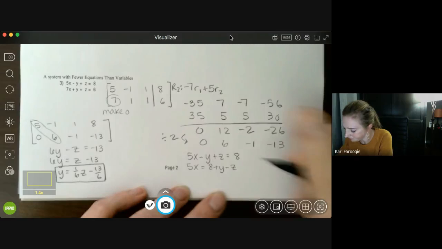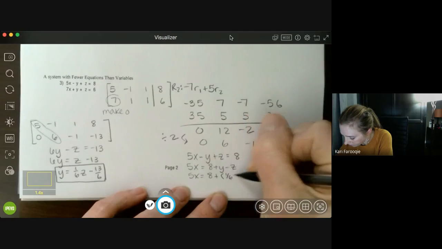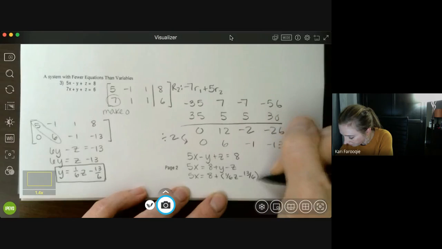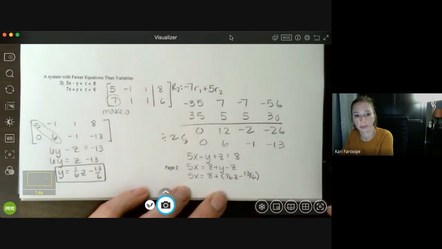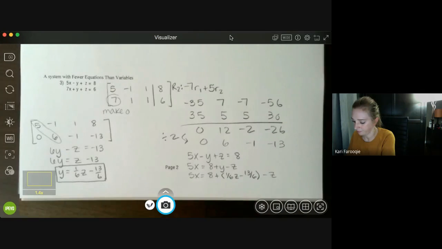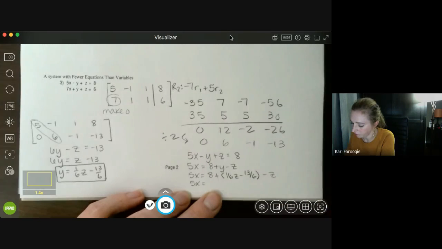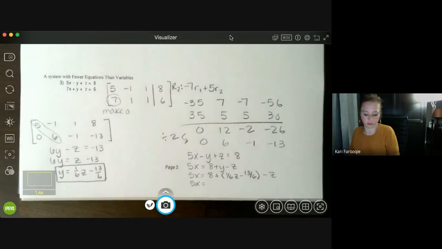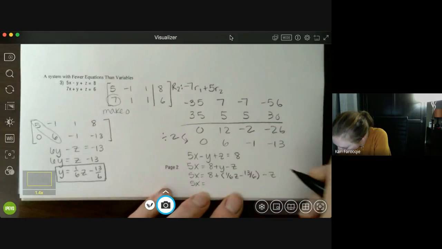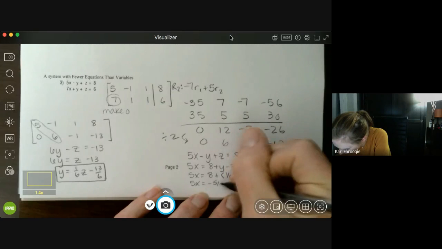This is terrible. 5x equals 8 plus, and then y is 1/6 z minus 13/6, and then minus z. Now remember, this is 5x, not x. 8 minus 13/6 is 35/6. And then 1/6 z minus z is 1/6 minus 6/6, which is negative 5/6.